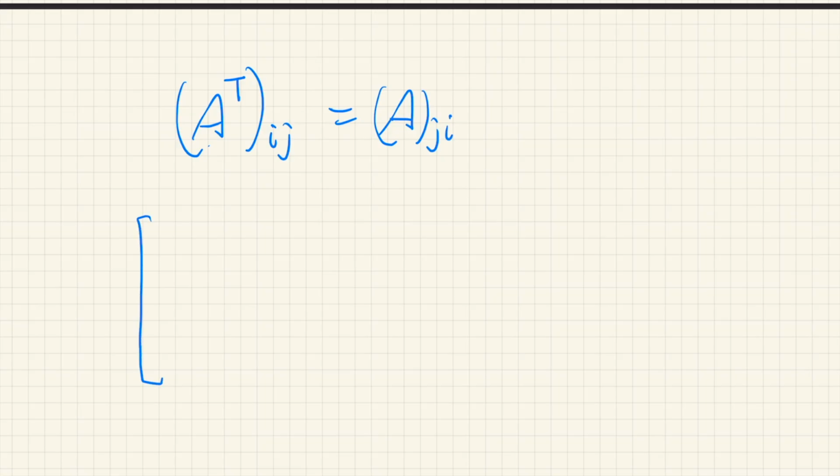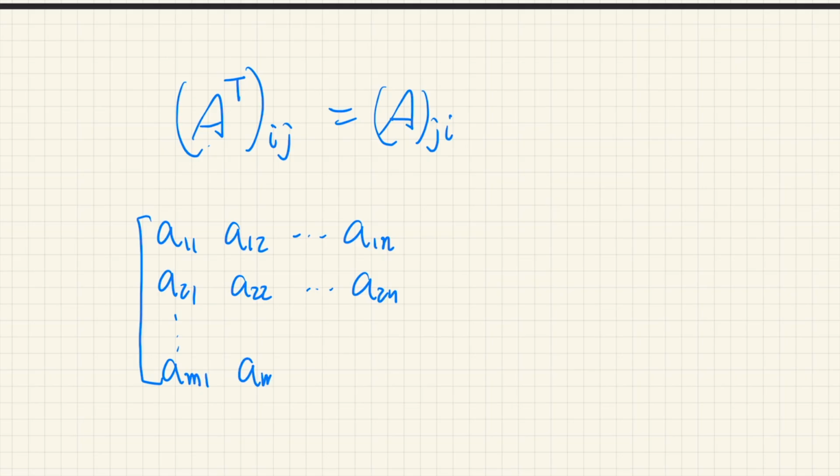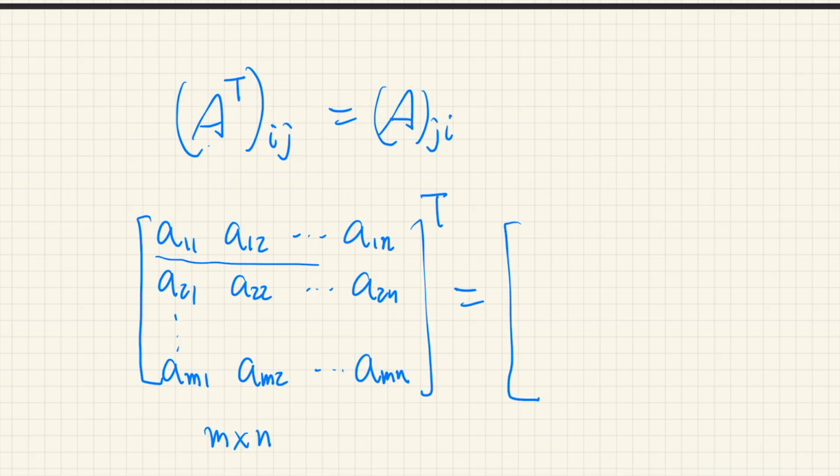So if we have a matrix such as A11, A12, and so on, A1n, A21, A22, and so on, A2n, and so on, Am1, Am2, and so on, Amn, this is an m by n matrix. If we transpose it, what we get is this. The first row becomes the first column: A11, A12, and so on, A1n.